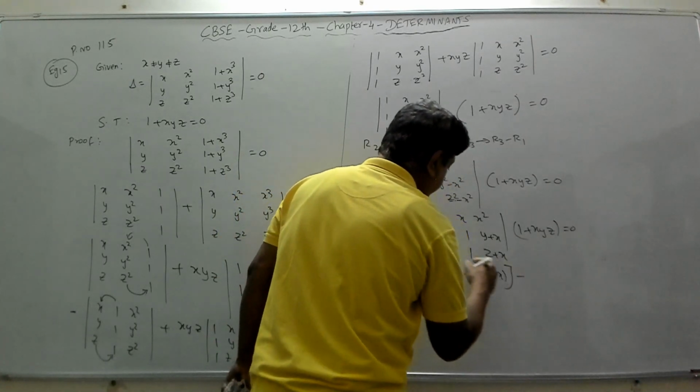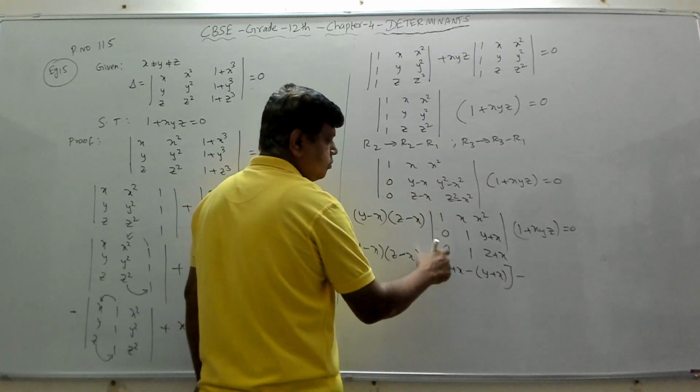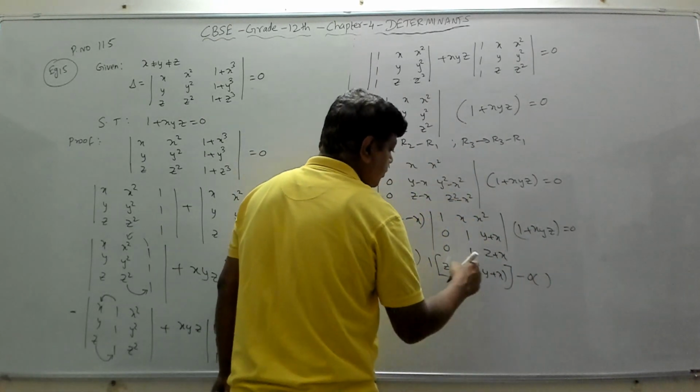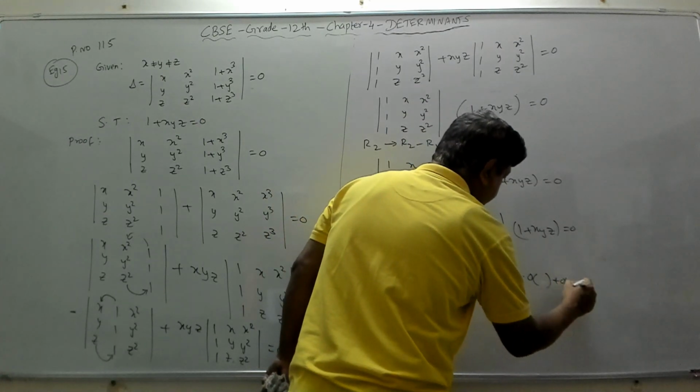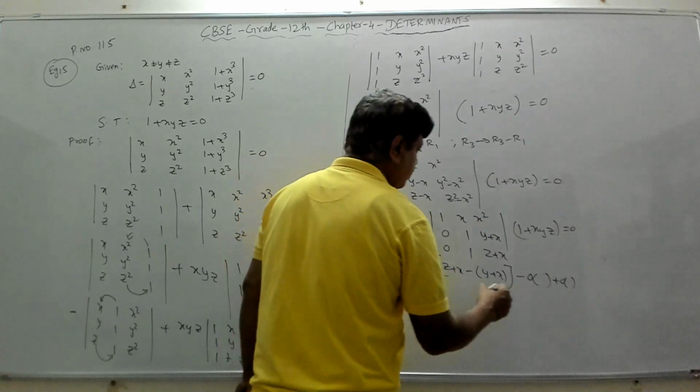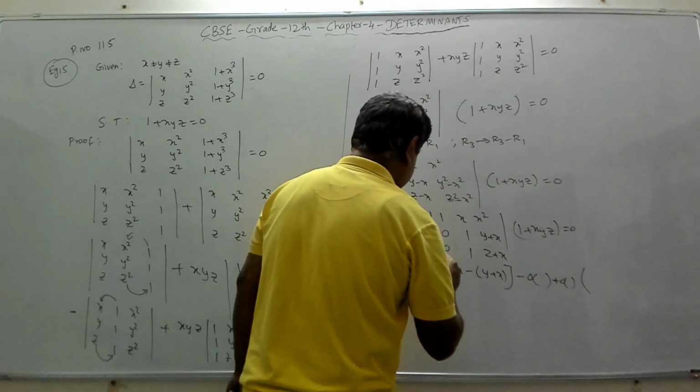Then this will be minus 0, 0 into anything will give you 0. Again, this is 0. So you don't have to worry about these two, right?